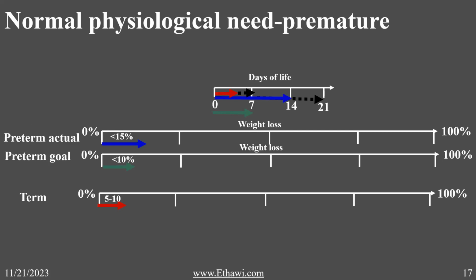Now, in premature babies and term babies, we have actual and we have goals. Most premature babies lose about 15% of their weight; the goal is to allow them to lose only 10%.